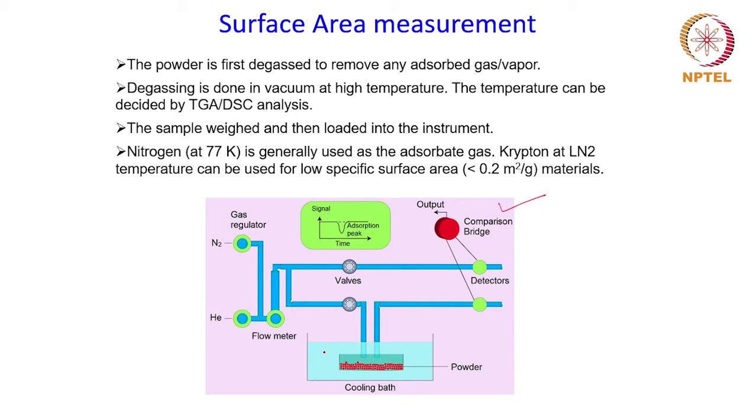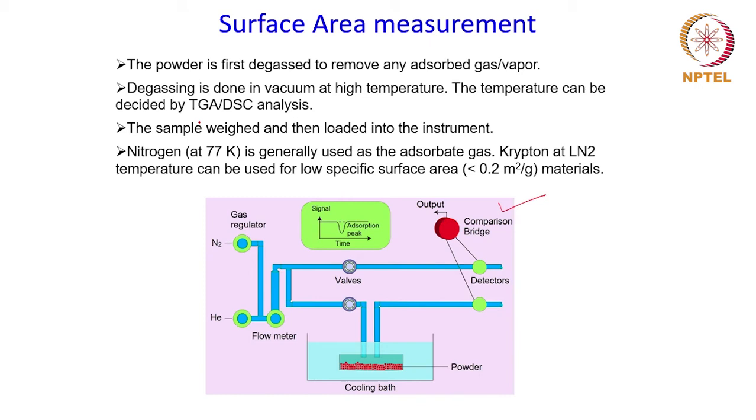So the first step is degassing, and that can be done under vacuum at high temperature, and the temperature used for this degassing can be determined either by thermogravimetric analysis (TGA) or differential scanning calorimetry (DSC).